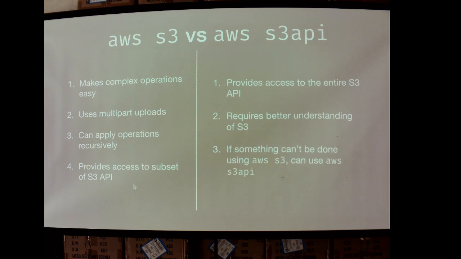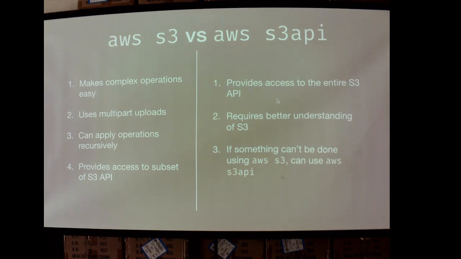Like we were saying earlier too, the S3 sync command is actually pretty complex. To write that yourself using just API calls would be a significant amount of work. So they provide that out of the box, and it's all inside this S3 command. But the S3 API service will give you access to the entire S3 API.